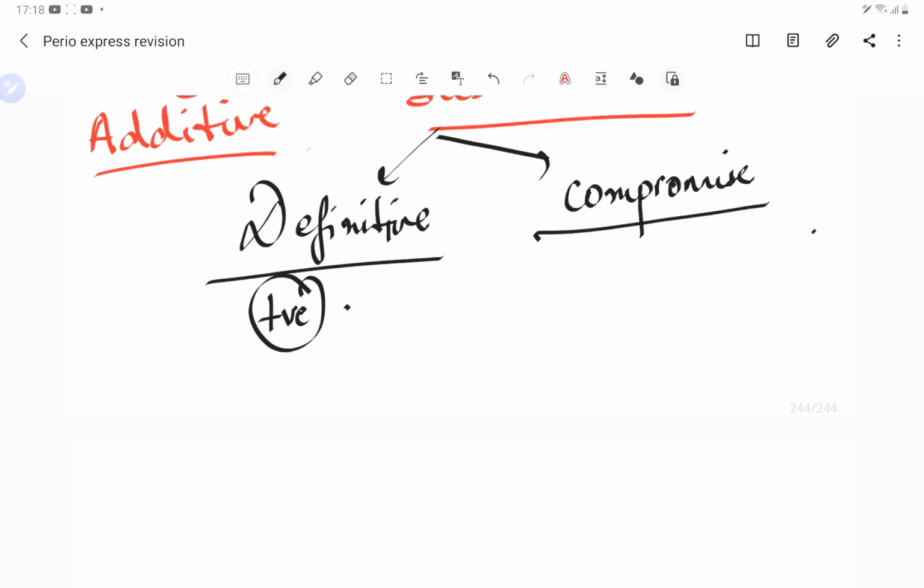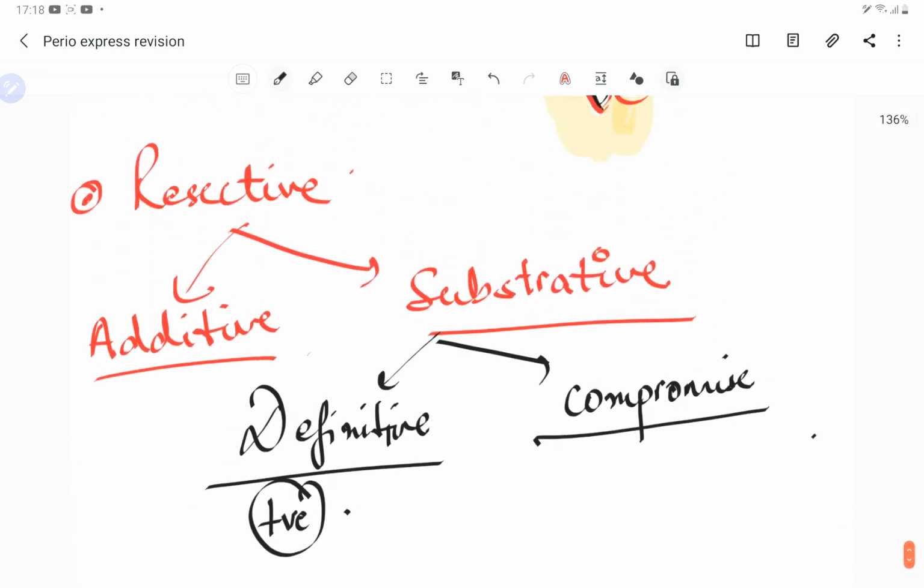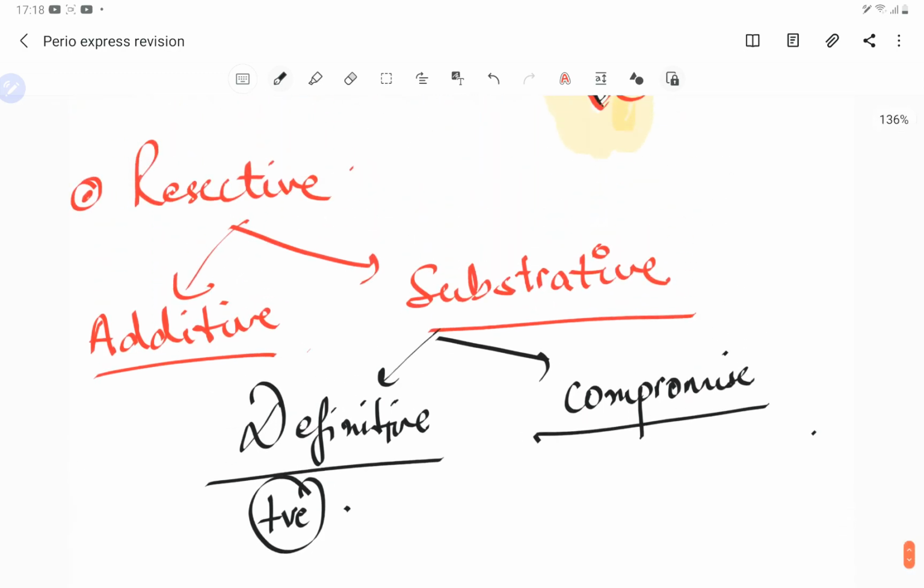So now you know that a resective osseous surgery is basically making some changes in the alveolar bone. Basically, we are removing the deformed bone and getting rid of the deformities. We are not exactly getting rid of the periodontal disease, but we are stopping the progression of the periodontal disease, right?